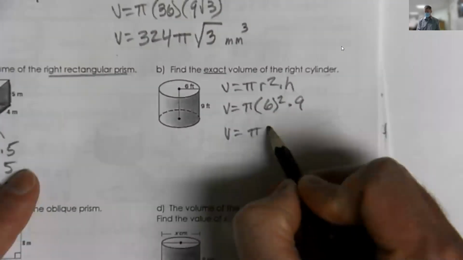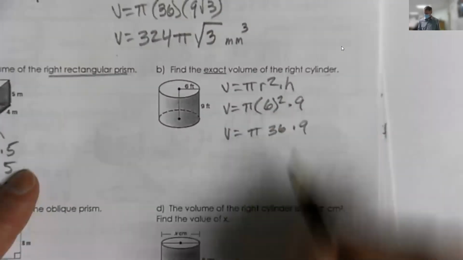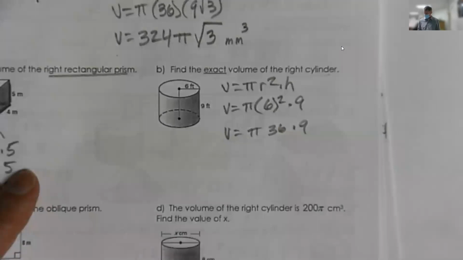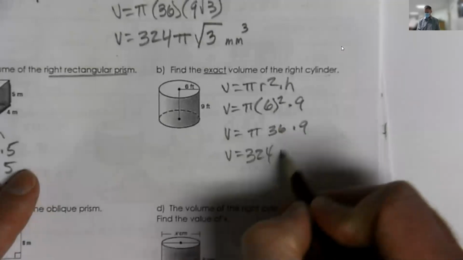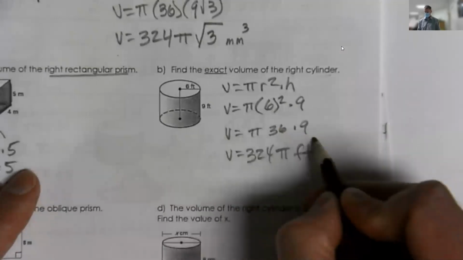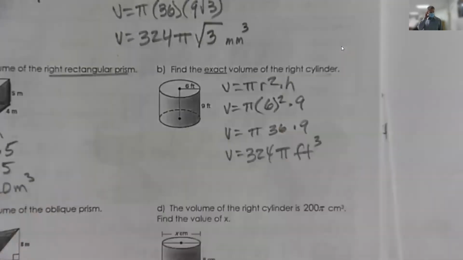So we get 36 times 9. That comes out to be 324 pi. And these are feet cubed. You want to leave the pi symbol on there if you're talking about the exact. You don't want rounded values.